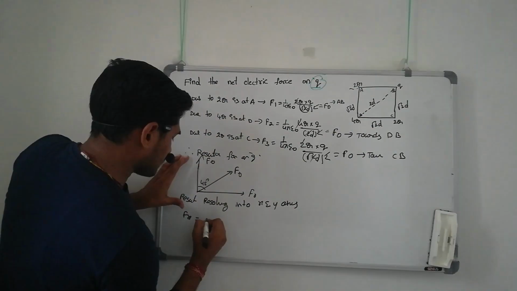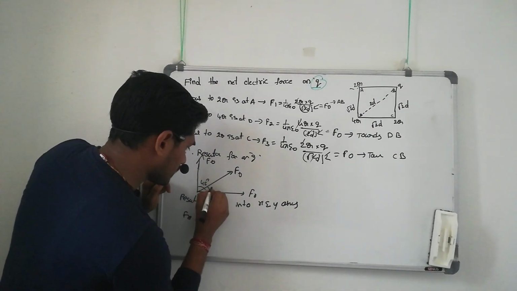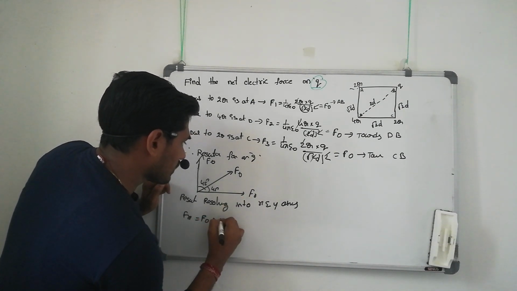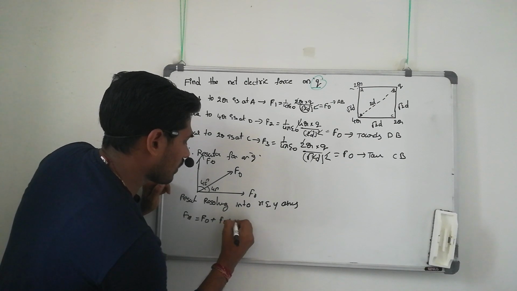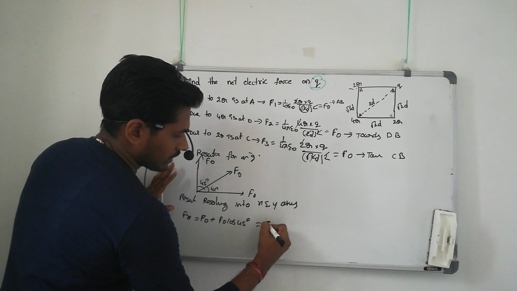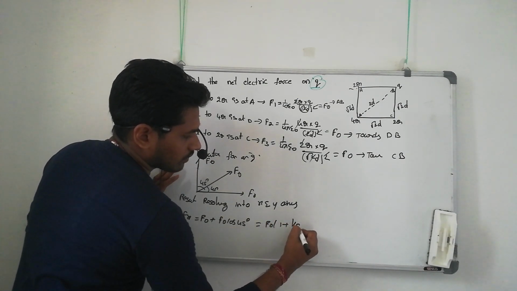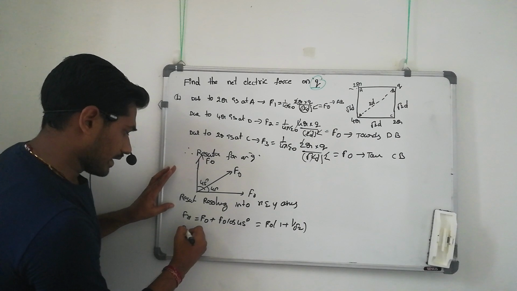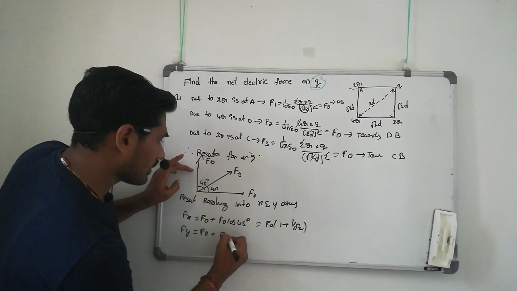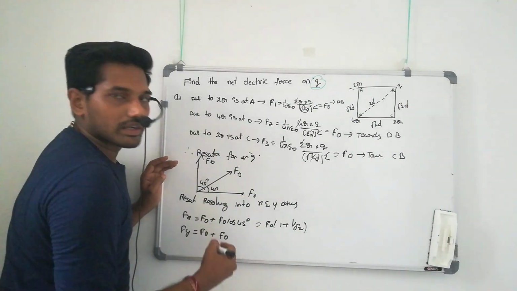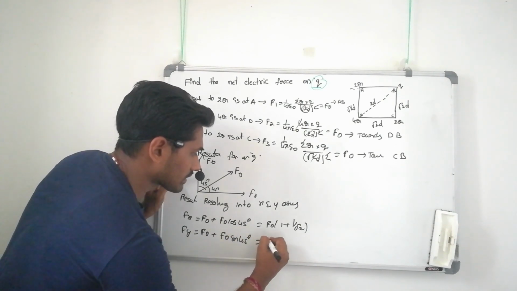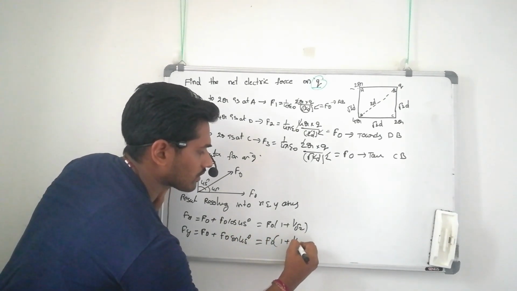So Fx is equal to F0 plus F0 cos 45 degrees. If you take F0 common, cos 45 is 1 by root 2. Similarly, Fy is equal to F0 plus F0 sin 45, the vertical component, sin 45 degrees. So take F0 common, 1 plus 1 by root 2.